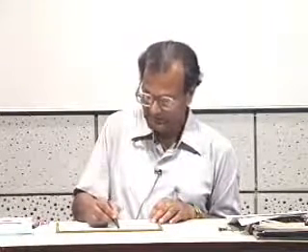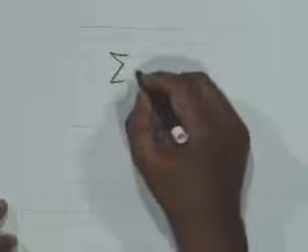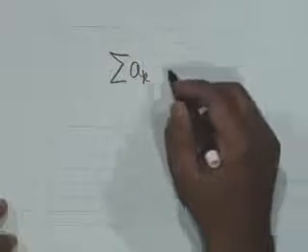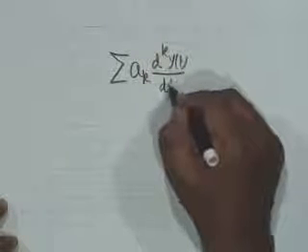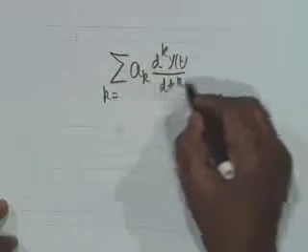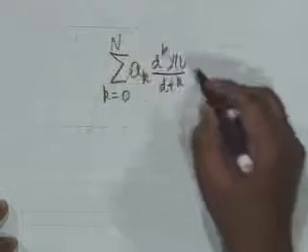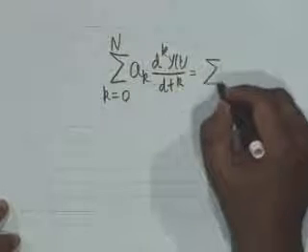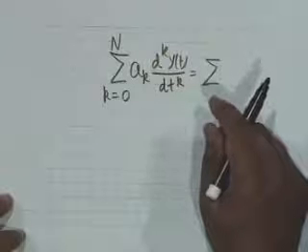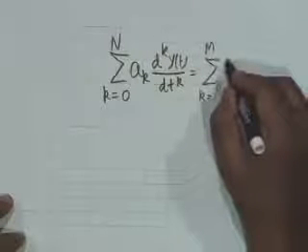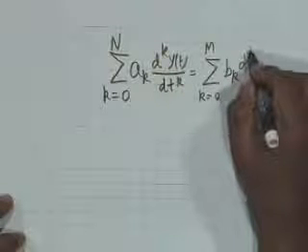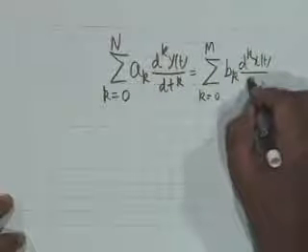First of all, the most general situation for a continuous time system is that you have the sum over k equals 0 to capital N of a_k d^k y(t)/dt^k, equal to the sum over k equals 0 to M of b_k d^k x(t)/dt^k. This is the most general characterization of an LTI continuous time system.